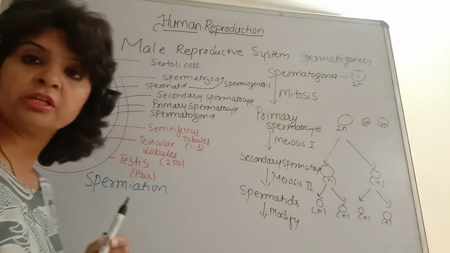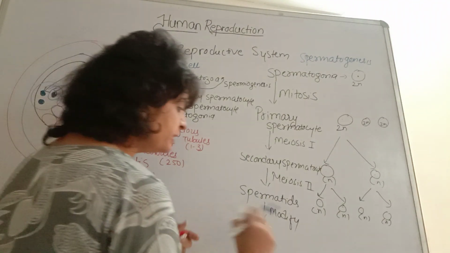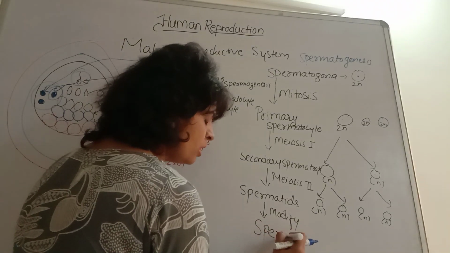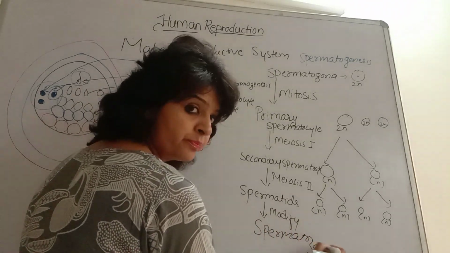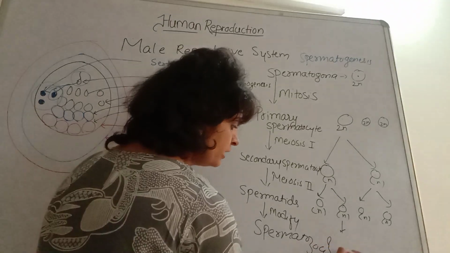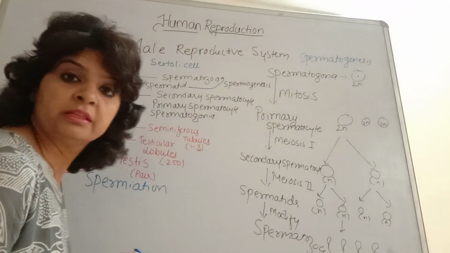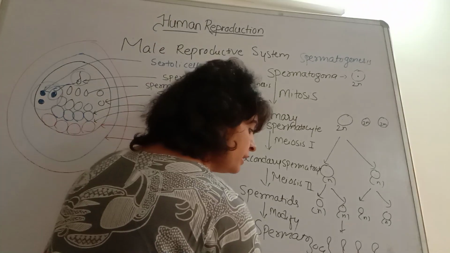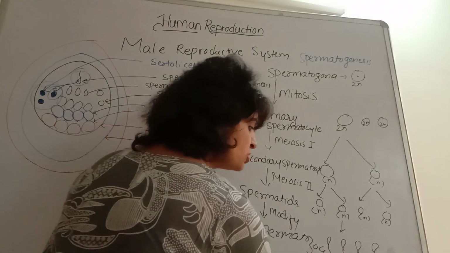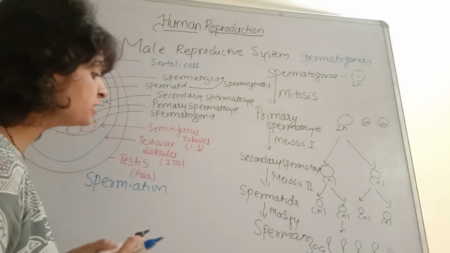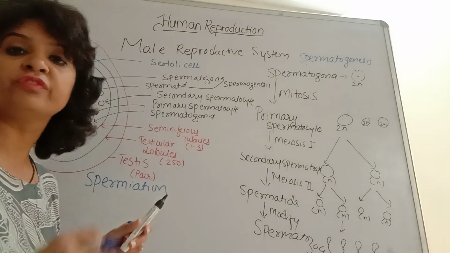The spermatids have converted into spermatozoa. So here the 4 sperms have been formed. All these 4 sperms are haploid in nature. These haploid sperms need to move now.